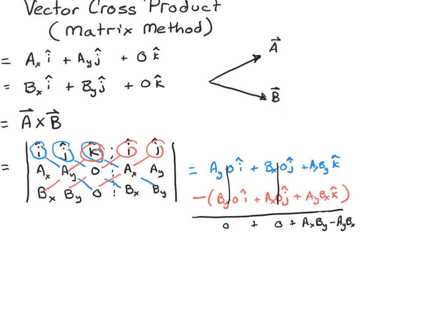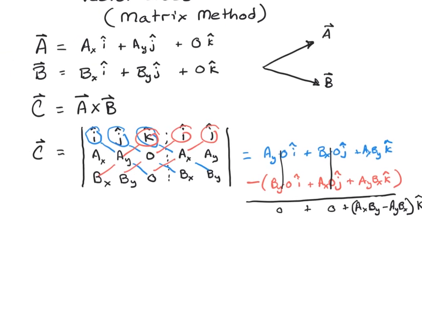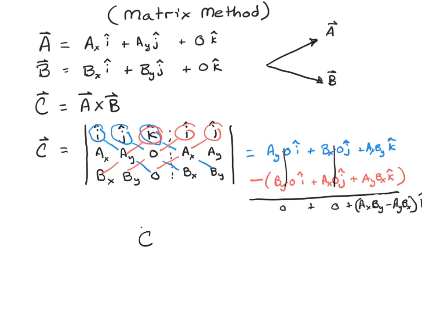Move it over a little bit, and that's going to be the K hat term. So if I come back over here, I can write out my answer now. The answer is AX BY minus AY BX. Everything's in the K direction.